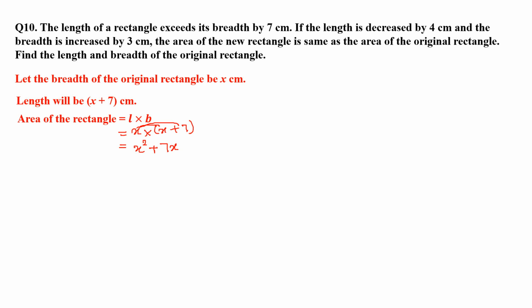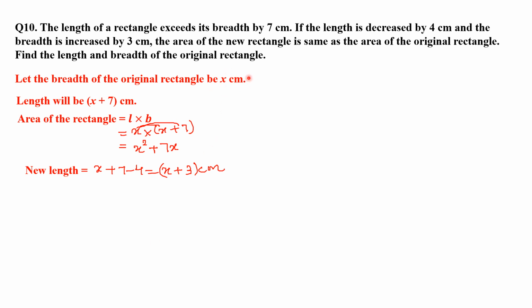Now the second statement says that the length is decreased by 4 centimeter. Now your length is x plus 7 initially. Now decreased by 4. So x plus 7 minus 4, isn't it? Your new length will be, 7 minus 4 will give you 3, isn't it? So this is your new length, x plus 3 centimeter. And the breadth is increased by 3 centimeter.